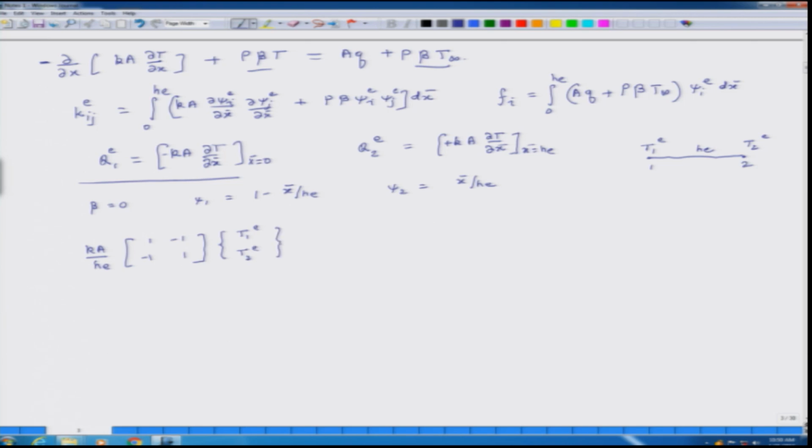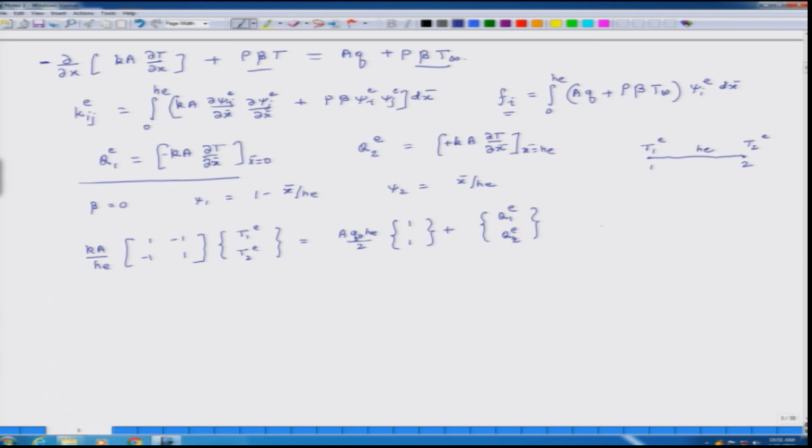And this equals the f vector, and the values in that vector are A q naught He over 2 times [1 1] plus Q1E, which is a point load or a point source of heat.